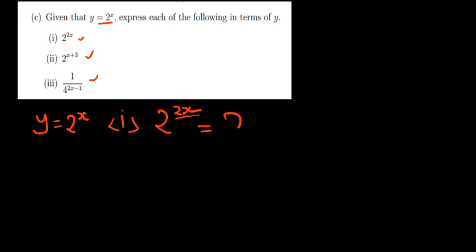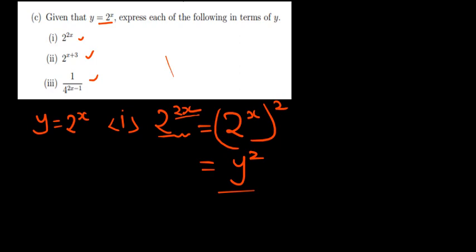So we're going to write 2 to the power x, and the 2 we move outside the brackets. Where there's 2 to the power x, we replace it with y, and then squared. So 2 to the power 2x is the same as y squared.